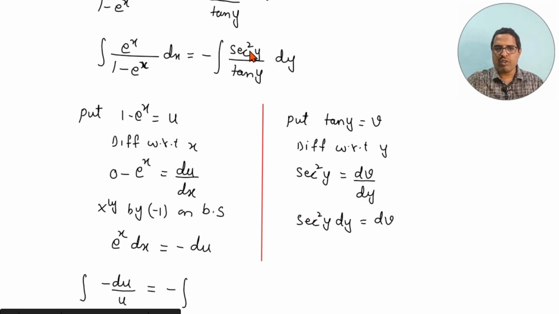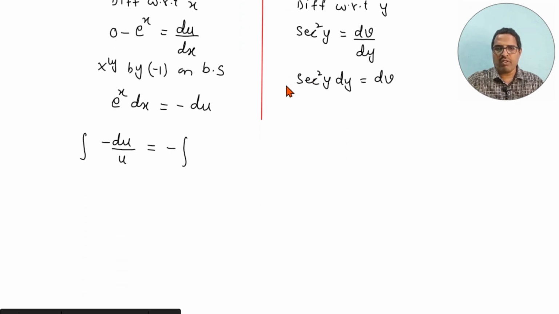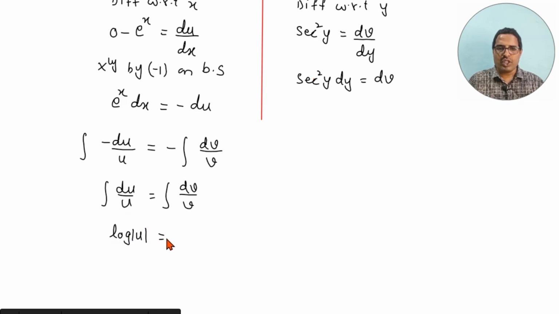So the numerator value will be dv divided by tan of y, which is v. dv by v we get. So the negative sign on both the sides will cancel out. You will just be left out with integral of du by u is equals to integral of dv by v. So integration of du by u is nothing but log of mod u.